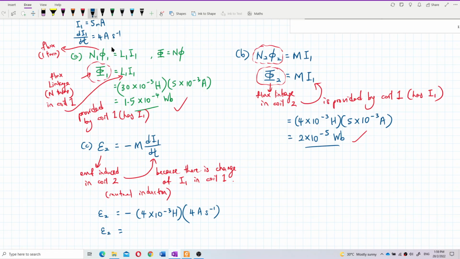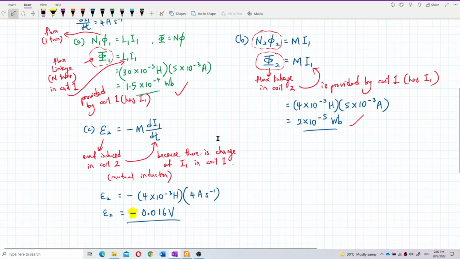Let's calculate: negative 4 exponent negative 3 multiplied by 4, which is negative 0.016 volt.